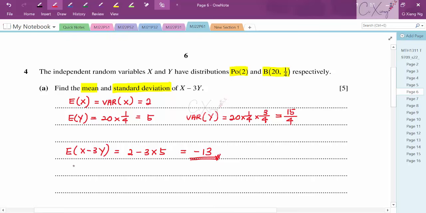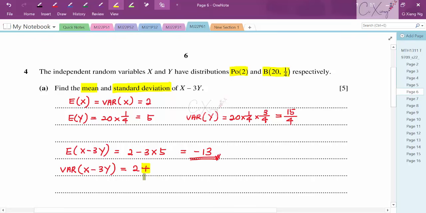Right? And after that, they want us to get the standard deviation. So before the standard deviation, we need to calculate the variance first. So I'm going to find the variance for x minus 3y, where it should be variance of x. So the variance of x is actually 2. For the negative sign here, in finding the variance, it should always be positive. There's no negative in the linear combination of the variance.